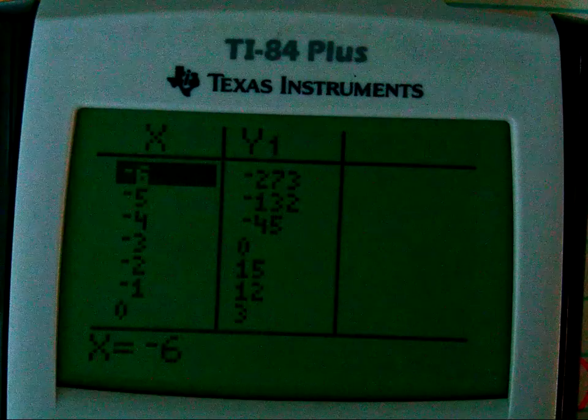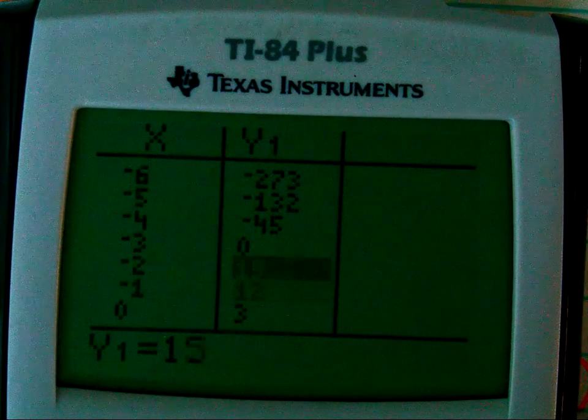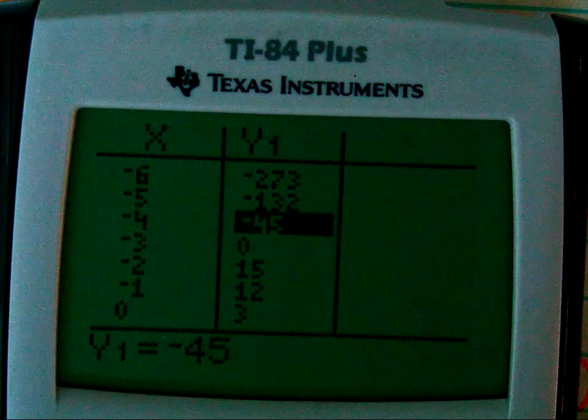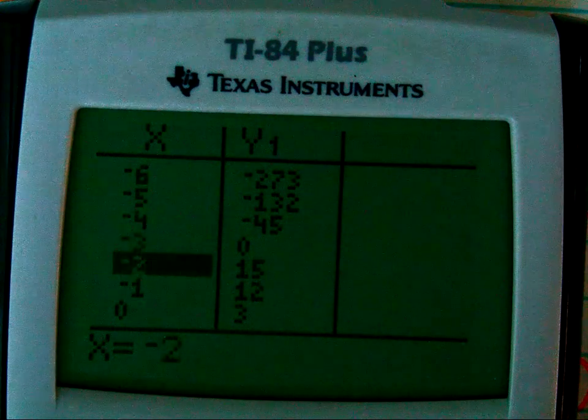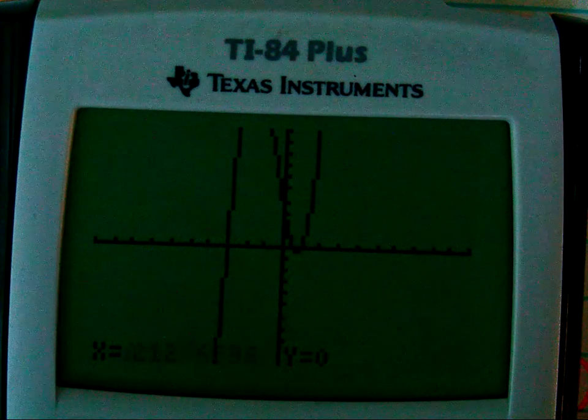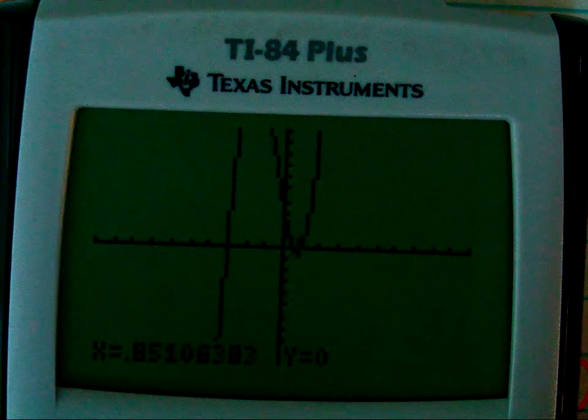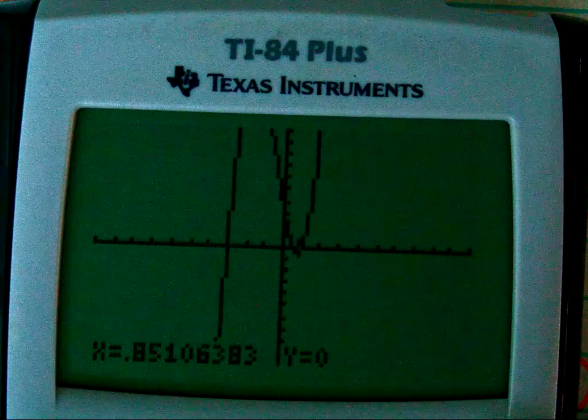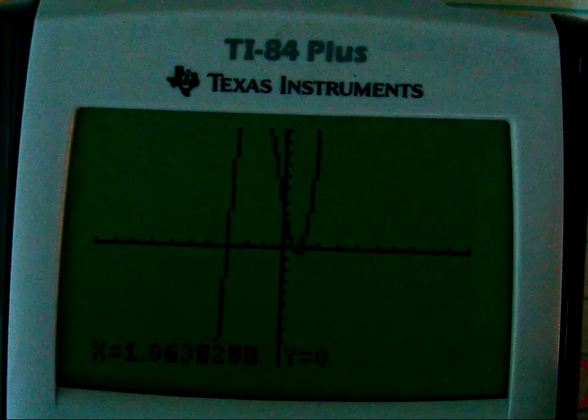And if I go to negative 3, notice my y is 0. Okay? Now, which other solution do we have? So go back to your graph. And if you look, I also have 1 as a solution. Okay? I can check that in my table again.